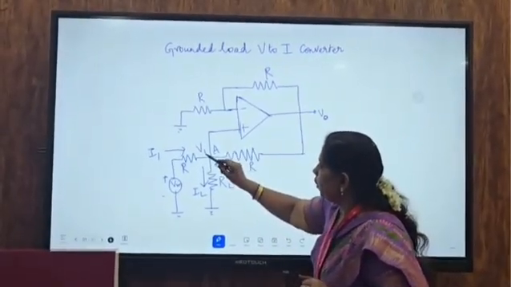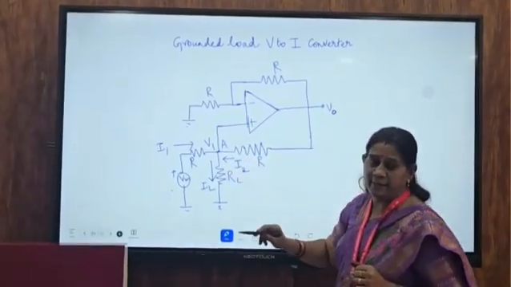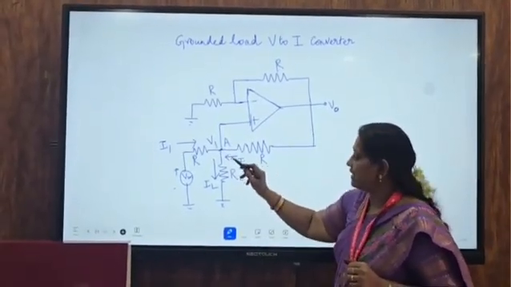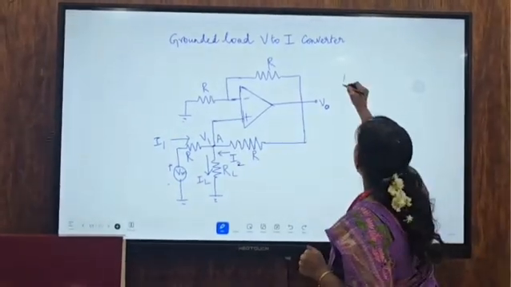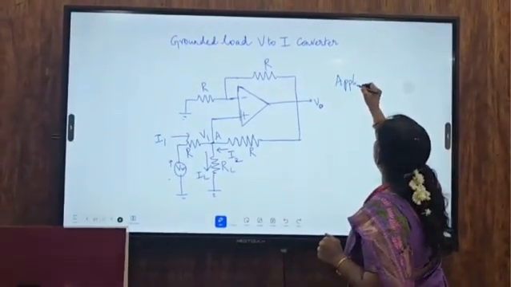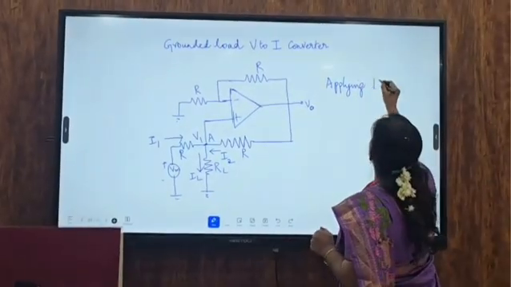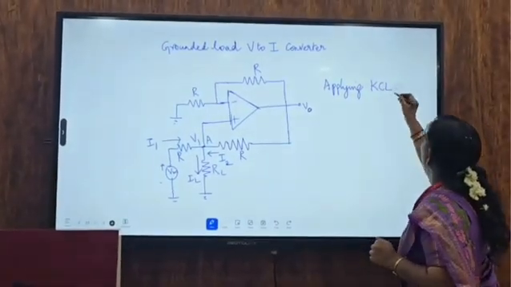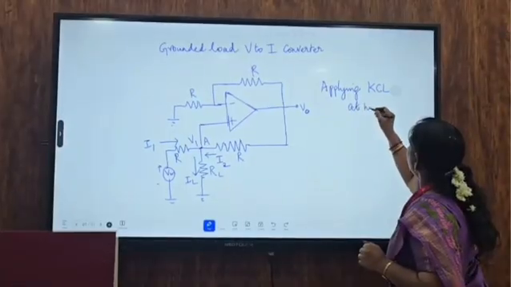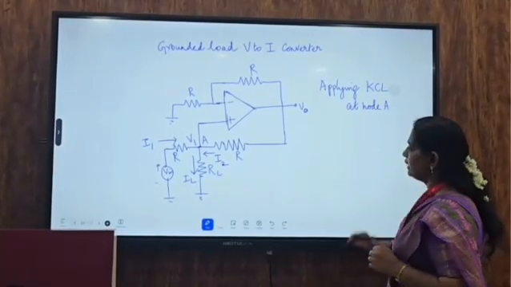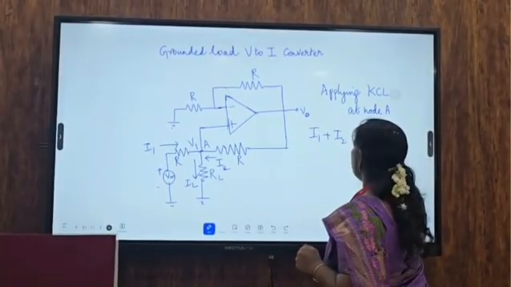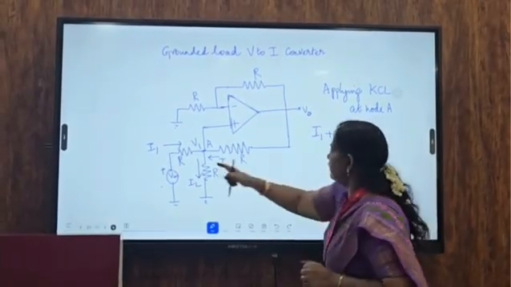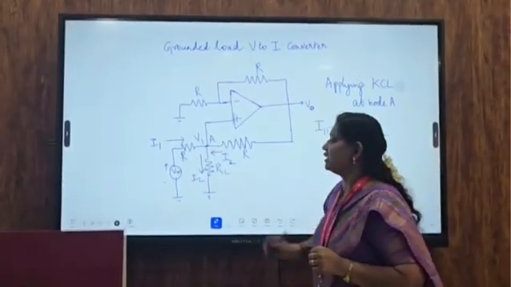Assume voltage V1 at node A. Now let's apply KCL at node A. At node A, I1 plus I2 is equal to IL.